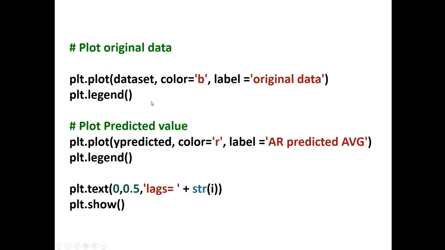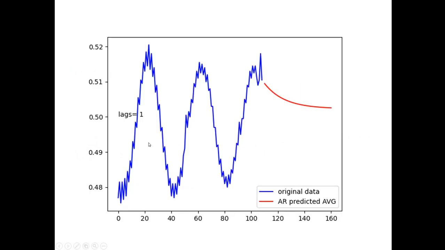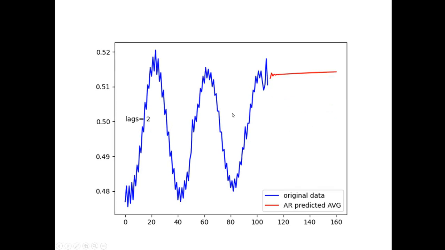So you can see that these are lines for plotting the results, and you can see the results. When the lag order is 1, it is not able to forecast the trend. You can see that it's not good at all. And lag equal to 2 is also again not at all good.